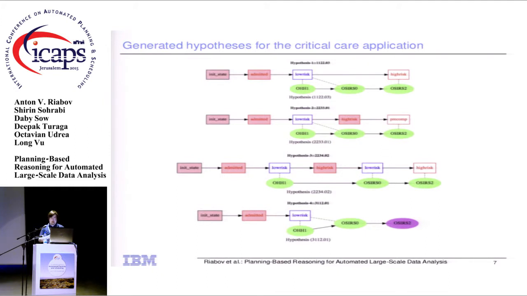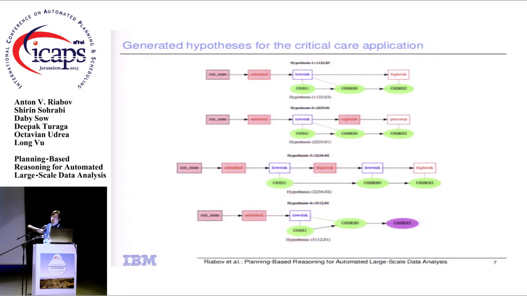And given that information and a sequence of observations, we want to create hypotheses. So here we have 4 rows for 4 hypotheses. That's the output information of our planner. In each row you have 2 lines. The top line is the sequence of states. The bottom line is the sequence of observations. And the sequence of observations is the same.